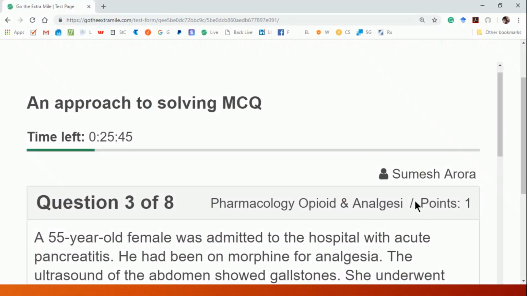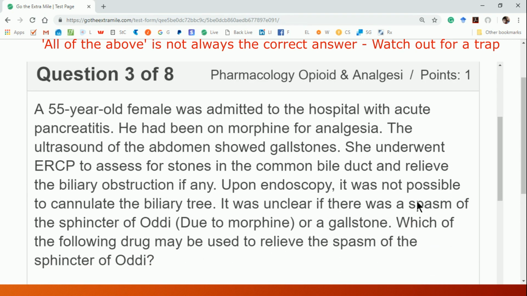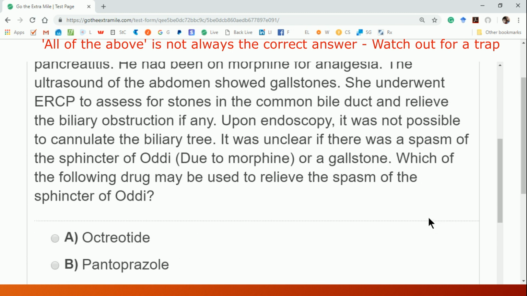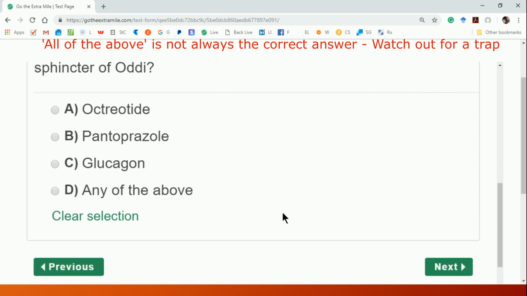Let's see how. Okay, we have a 55-year-old female admitted to the hospital with pancreatitis, and essentially the question is, which of the following drugs may be used to relieve spasm of the sphincter of Oddi? I know glucagon can be used.